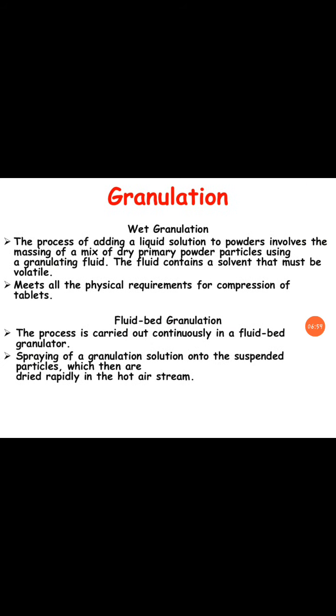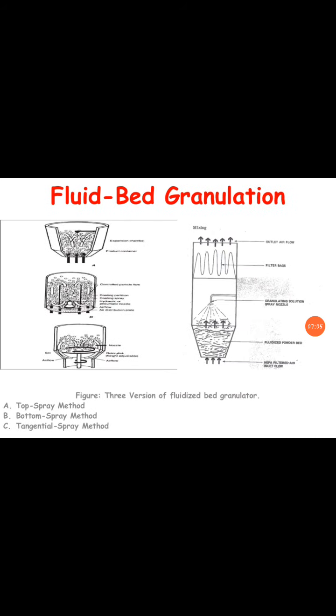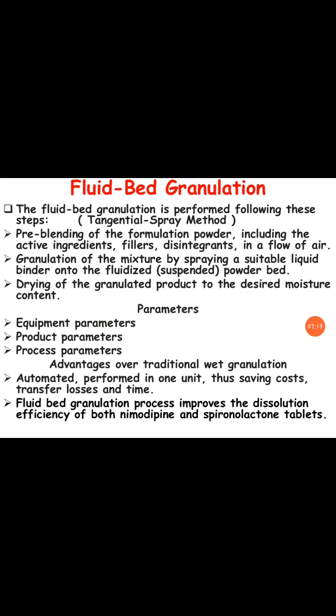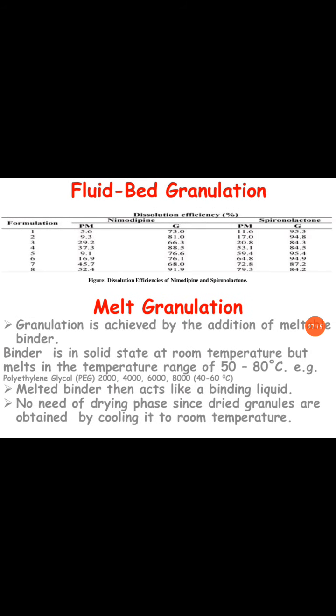The properties are also the same. Then the granulation procedure, which is wet granulation similar to the manufacturing of granules for tablets. The commonly employed one is fluid bed granulation technology. Similarly, you also have melt granulation, where the binding solution is a solid at room temperature but melts at high temperature.